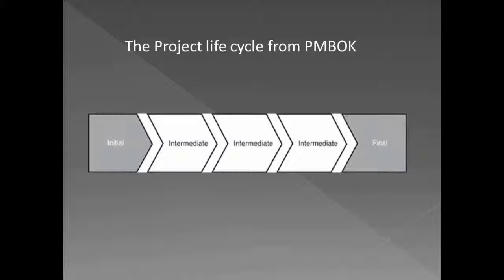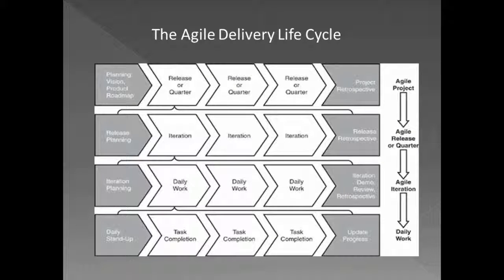Now if we look at this from an agile perspective, you have what is called agile planning, and then a set of releases, and we do a project retrospective or a product retrospective at the end.